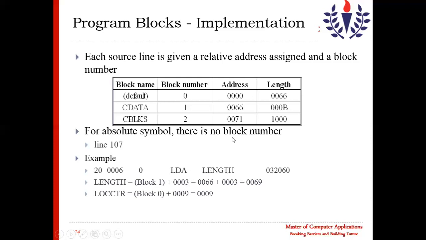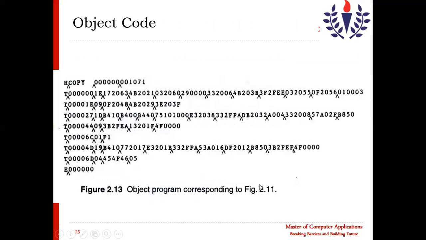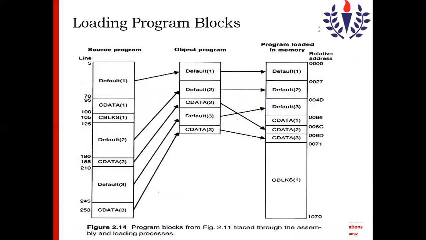My block length is 0066, and whatever I want new, I add to this and I get the new address. That is one object code that will be generated later on.